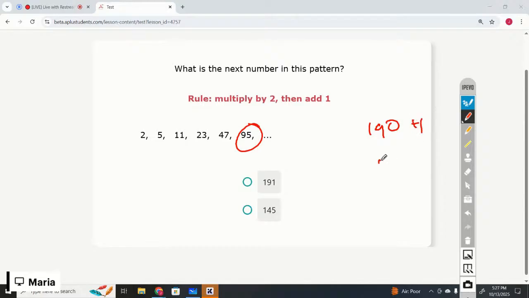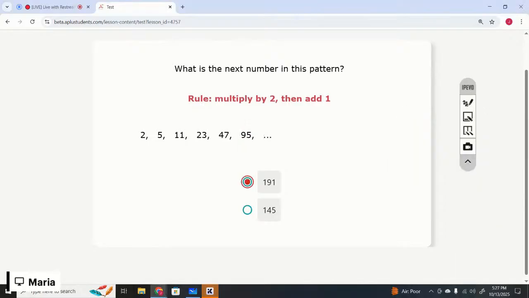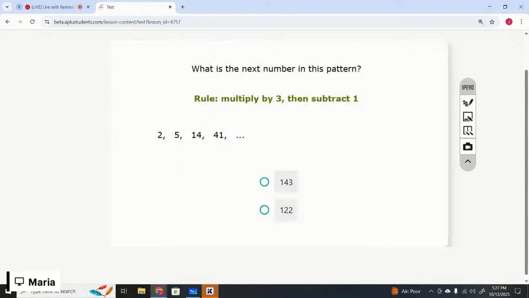So you need to add 1. So that is 191. Option number 1 is the correct option.